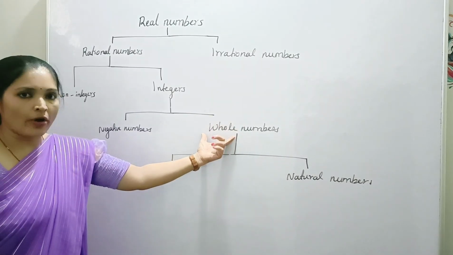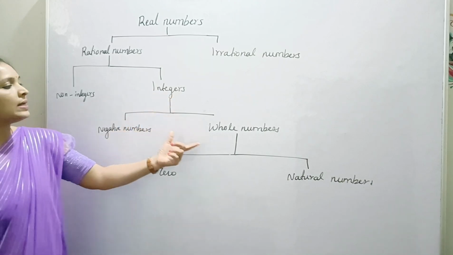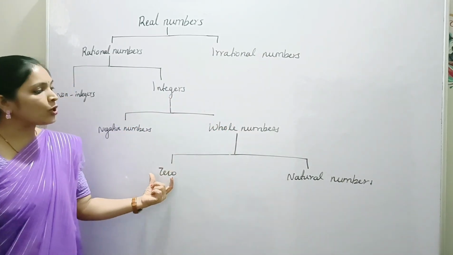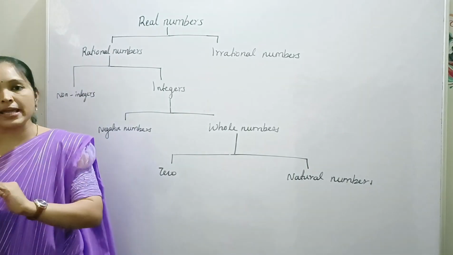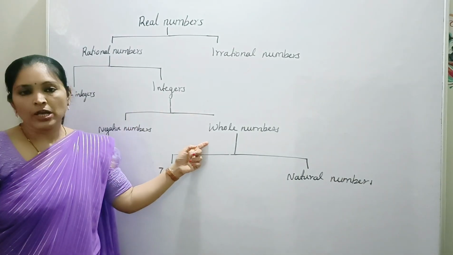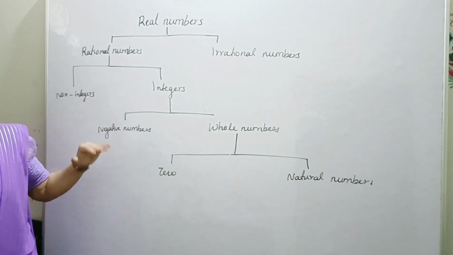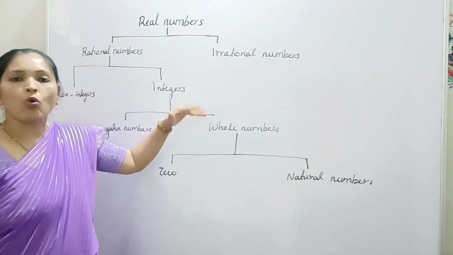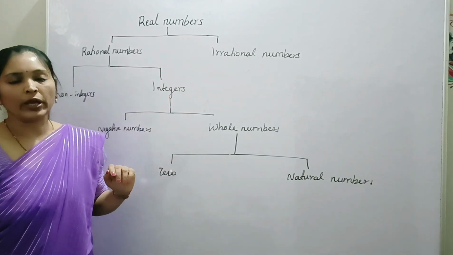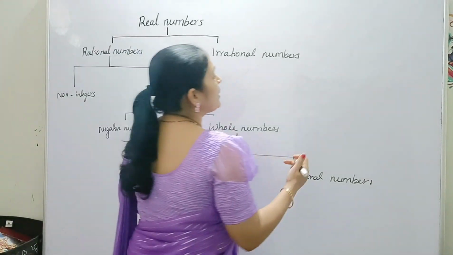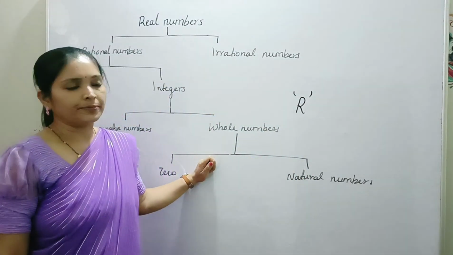Whole numbers consist of 0 and natural numbers. So here we can say the set of real numbers is the union of natural numbers, whole numbers, integers, rational numbers, irrational numbers. And real numbers can be denoted as capital R.